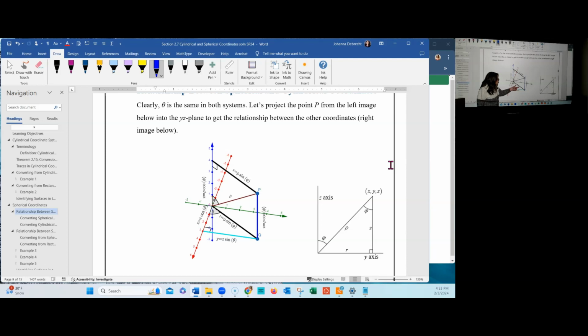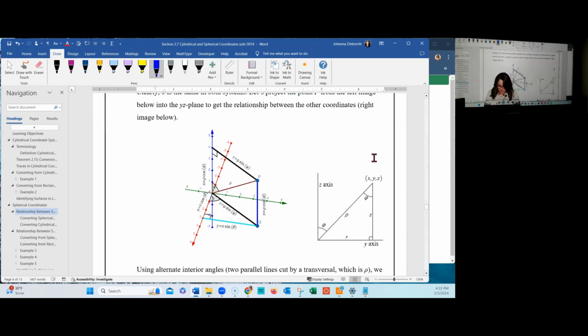But this is also equal to rho sine of phi. The straight line distance from the shadow up to the point is z, which is rho cosine of phi. And we also have that x is r cosine of theta and y is r sine of theta. These relationships will allow us to convert from any of the systems to the other.